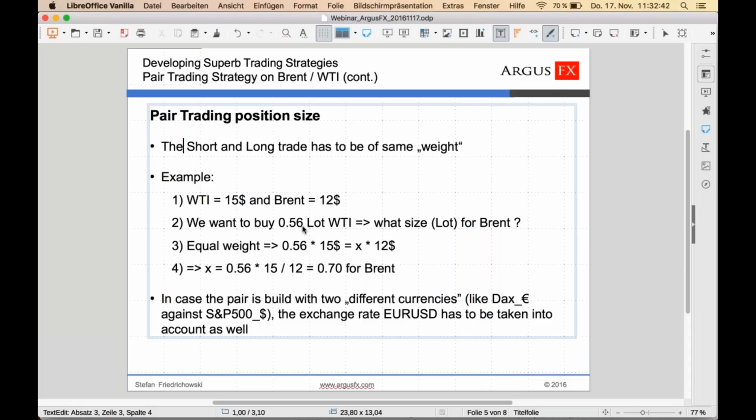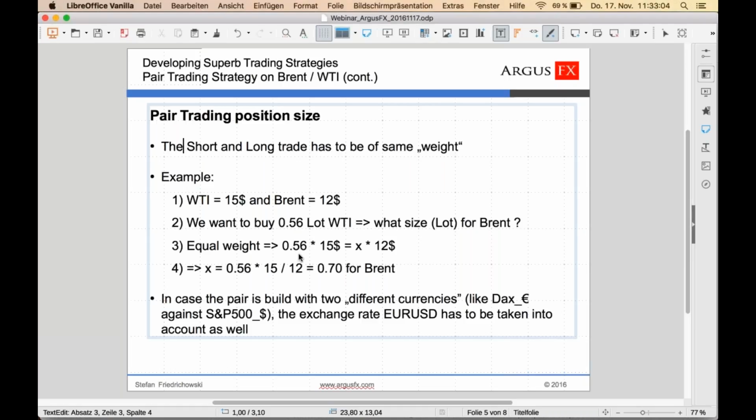The question is now, what is the size in lots for the Brent trade, under the condition that both trades should have the same weight? And that means we have a very simple equation. I wrote it down here.